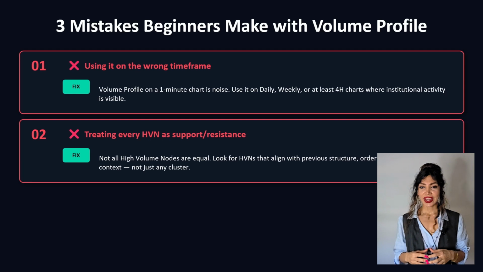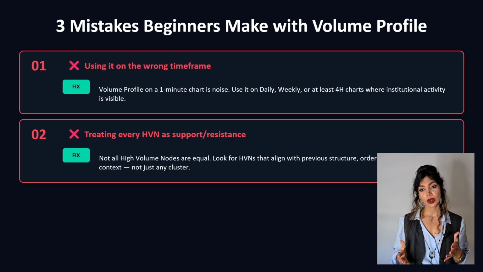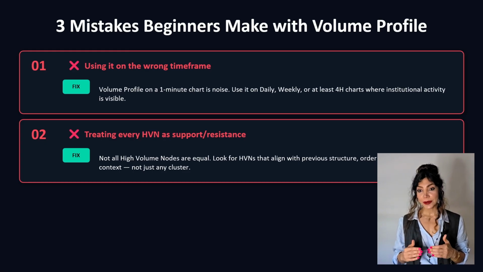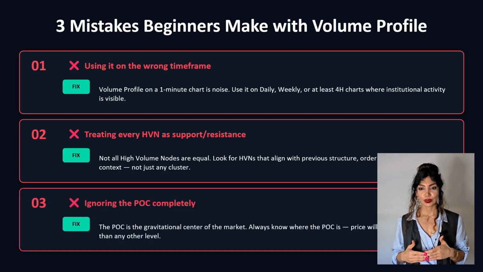A strong HVN that also lines up with a previous market structure level, an order block, and a key psychological price, that's a high probability zone. Fix. Always look for confluence. Volume profile is powerful, but it's even more powerful when it confirms what other tools are already showing you.